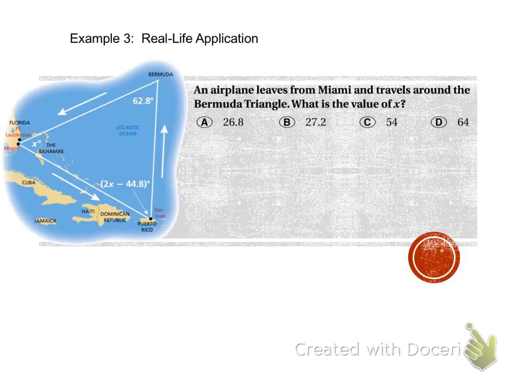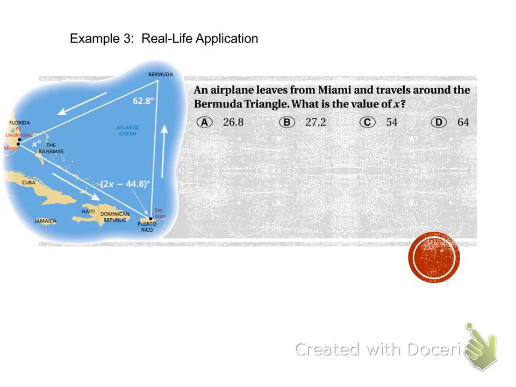So now how could we use this in a real-life application? An airplane leaves from Miami and travels around the Bermuda Triangle. What is the value of x? So you're going to use what you know about the interior angle measures of a triangle to write an equation.